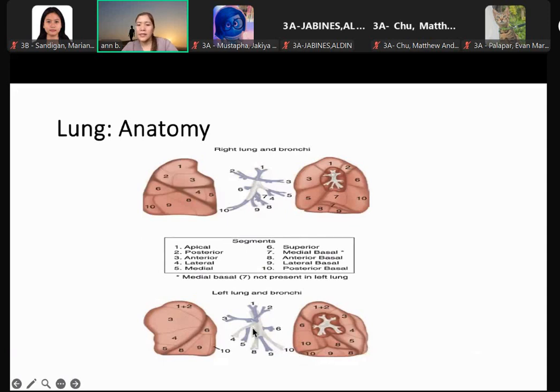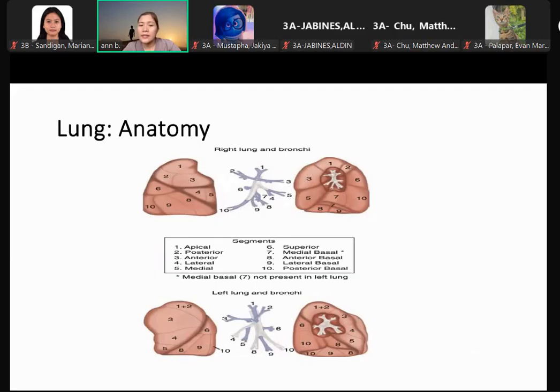But in the left lung, other books would say it's 8 or 9, because in the left lung some segments have been fused, like the anteromedial basal or the anterolateral basal.